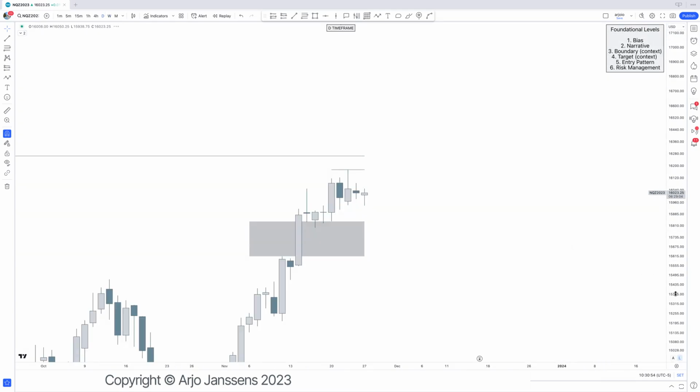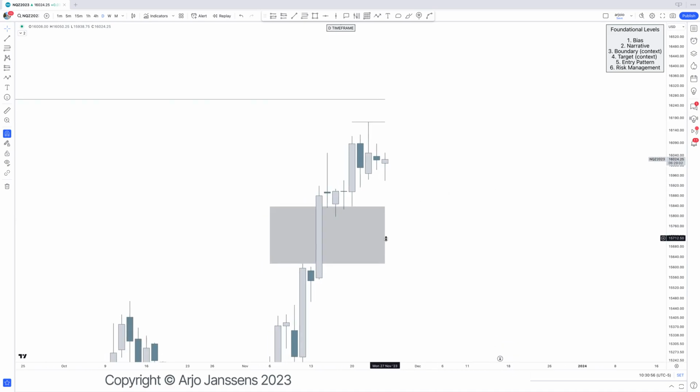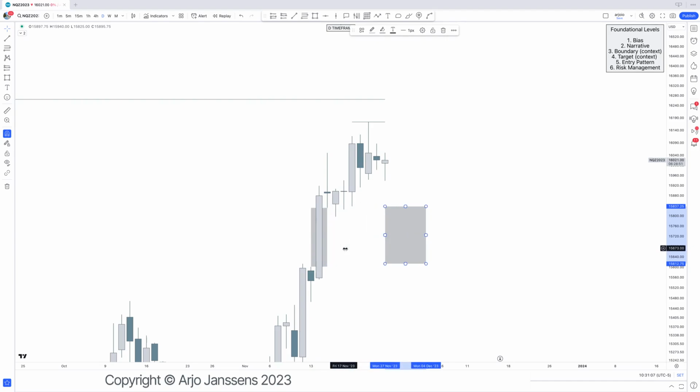So on the daily time frame, what are we seeing? Well, on the daily time frame, we had the daily fair value gap that is sitting right there. So let me remove the weekly fair value gap a little bit to the right there. Then the daily fair value gap here created a swing low, but did not create a new order flow leg higher off of that. All right, interesting.